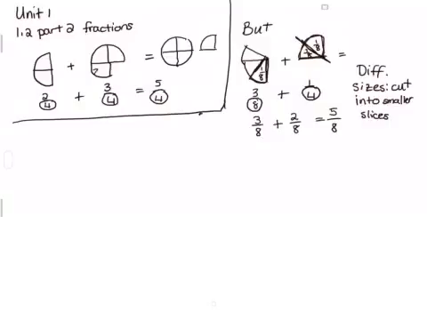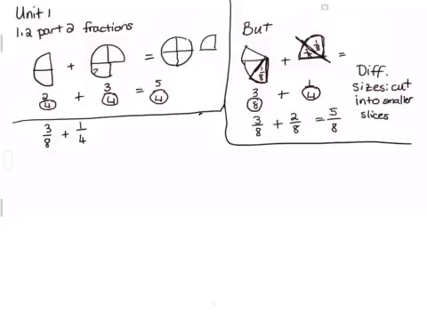Right, so let's just look at it without the picture. If we had 3/8 plus 1/4. Remember, the denominator tells me the size of the slices, so that's the one that's got to be the same.